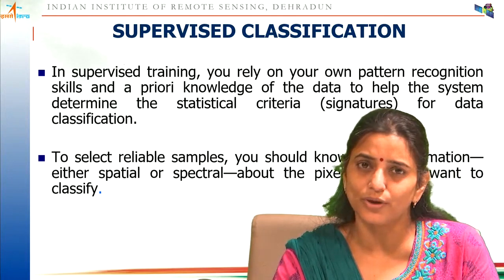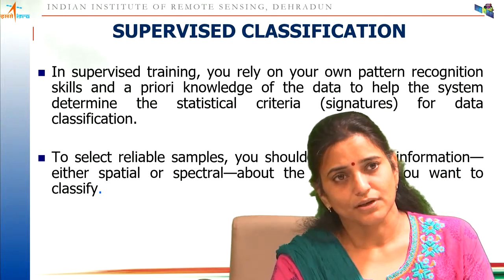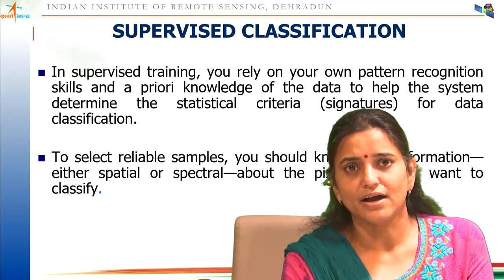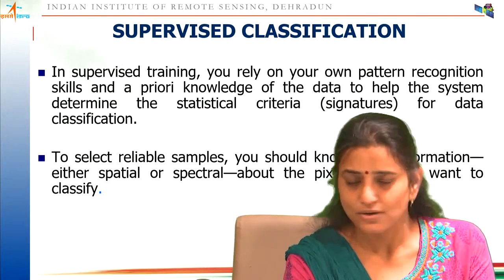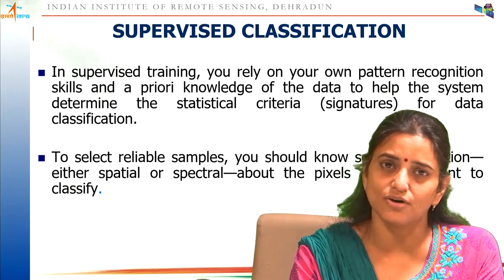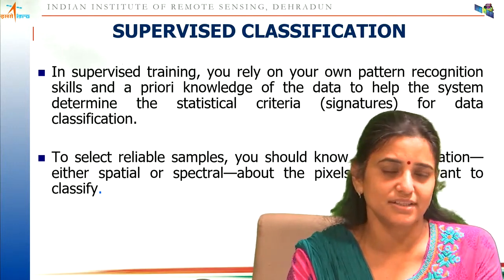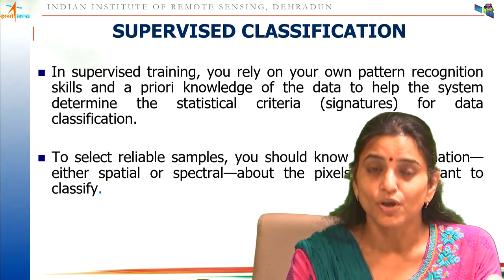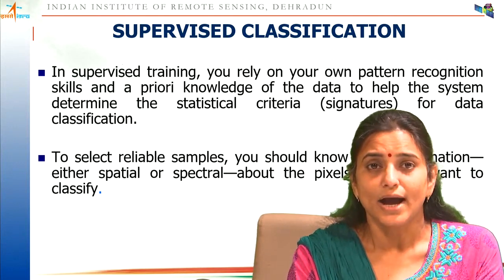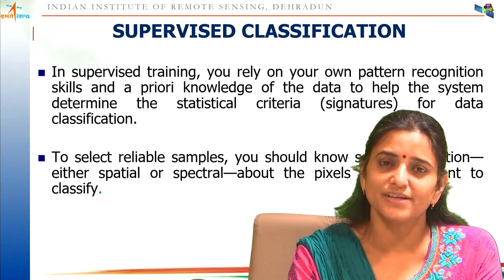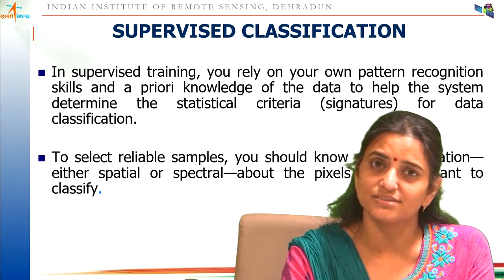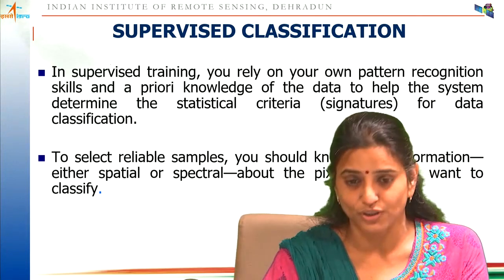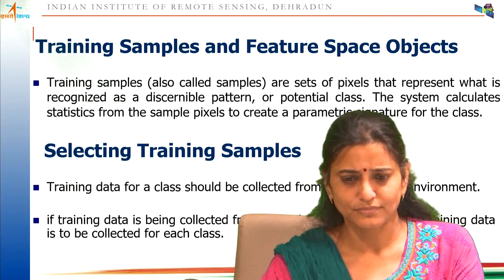So either I should know that in this area water is available at these particular x and y coordinates, so I can find those pixels and say that these pixels belong to water. Or I should be able to identify the water pixels or vegetation pixels spectrally also. So that depends on the user.